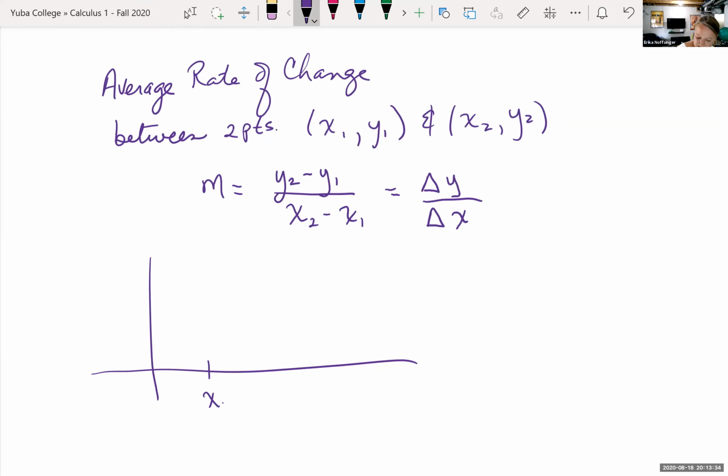So you might have some x value here, and some x value here, x sub 2, our point. So this would be my y sub 1 value. And if I have a point up here, that would be my y sub 2 value.